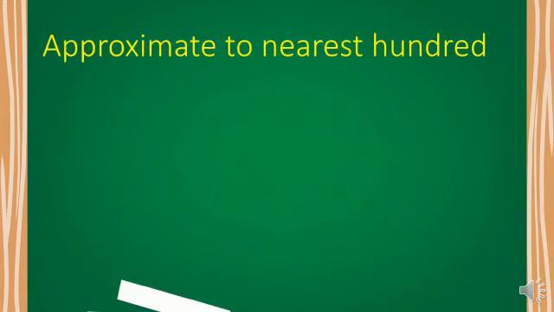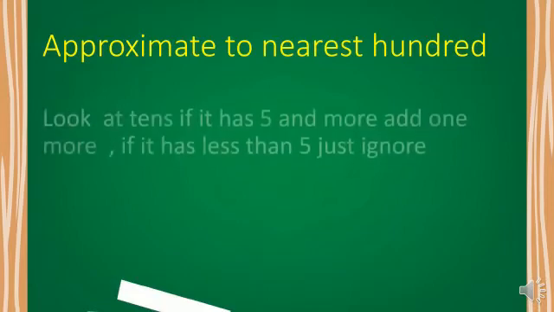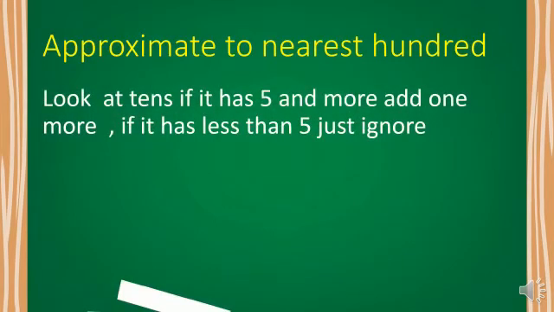Approximate to the nearest 100, or approximate three-digit numbers. Here we will look at what? Look at tens. If tens has 5 or more, it is a rich number. Just add 1 more to 100.